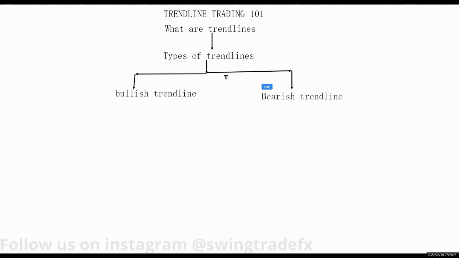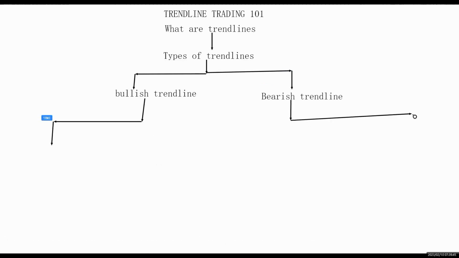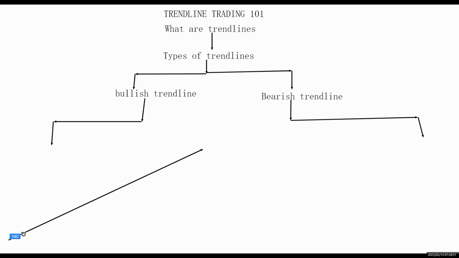The bullish trend line could be classified as the uptrend, while the bearish trend line would be classified as the downtrend. So what is an example of a bullish trend line? We have when price is moving to the upside, just like this, touching the trend line just like this and keeps moving.